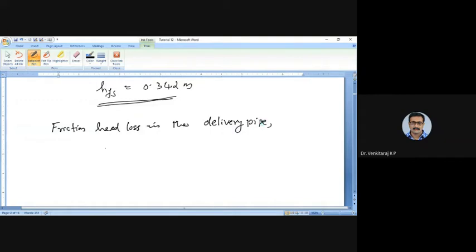Delivery pipe. HFD equal to 4F LD by 2G PD.